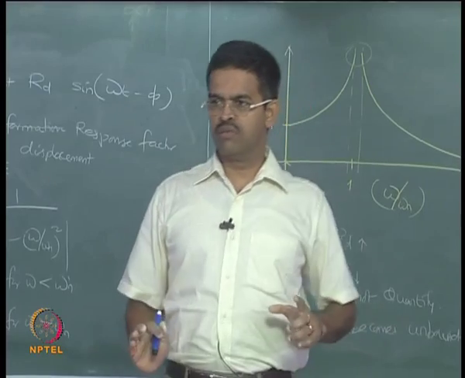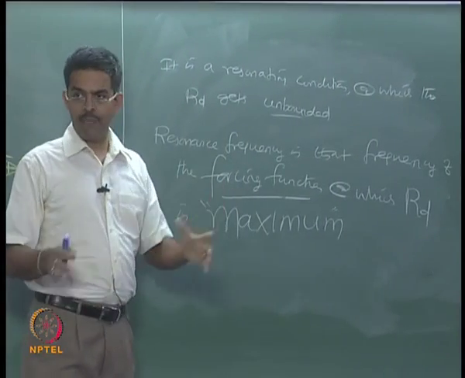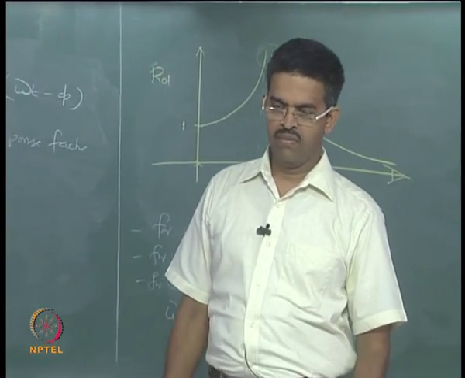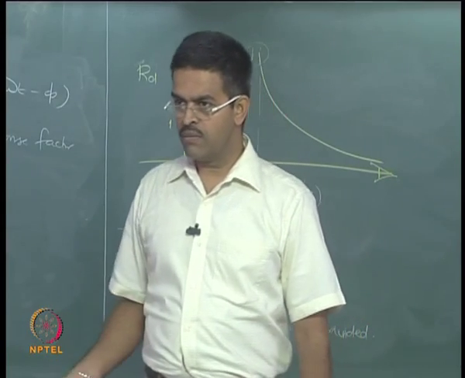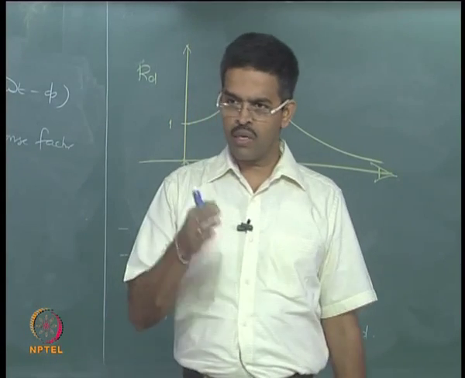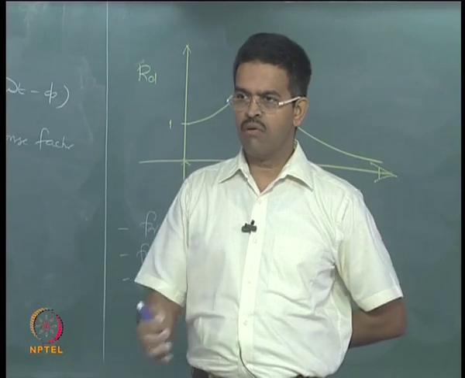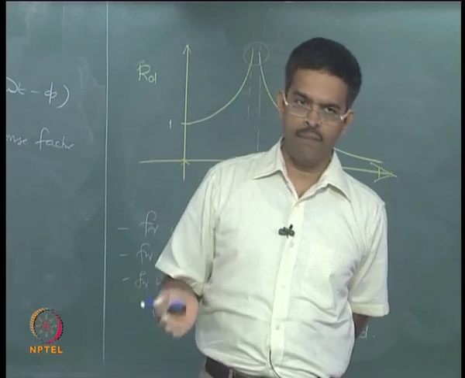Therefore, I should not allow this condition to happen in reality, because the structure will fail. But neither can I control omega, nor, I will show you, can I control omega n. I can give a clue. Omega n is a function of k and m for a single degree of freedom system.